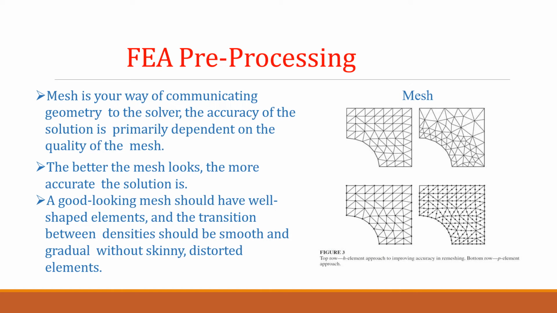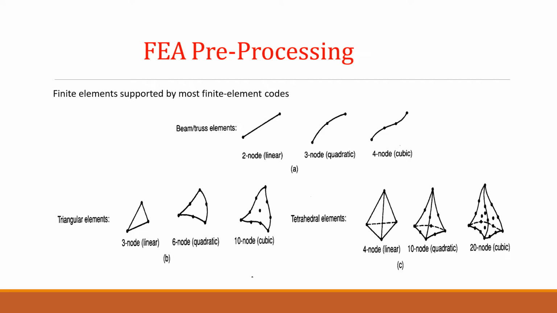A good looking mesh should have well shaped elements, and the transition between the densities should be smooth and gradual, without skinny distorted elements. The preprocessing elements are supported by most finite element codes, like 2D linear, 3 node quadratic, 4 node cubic.